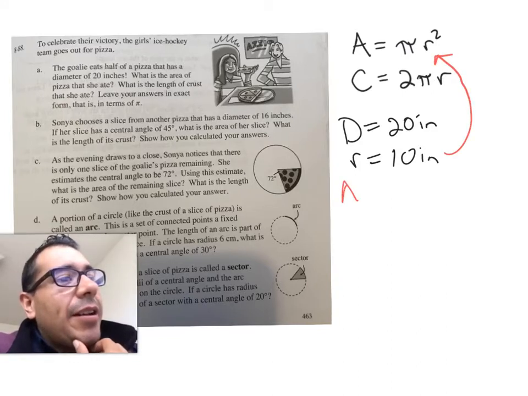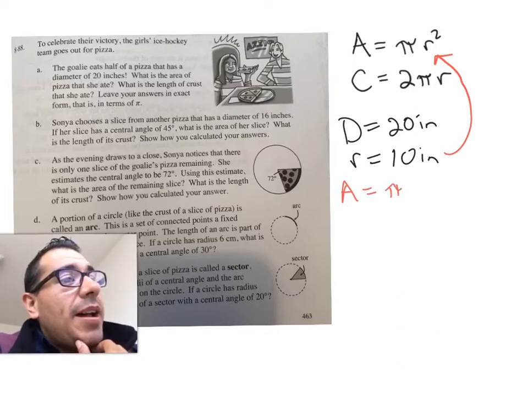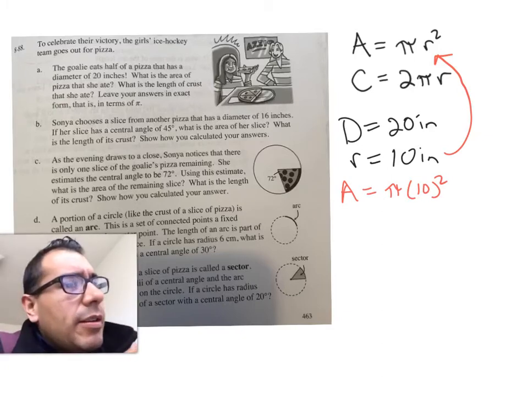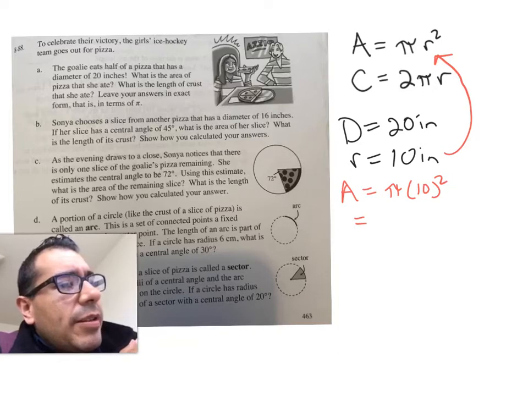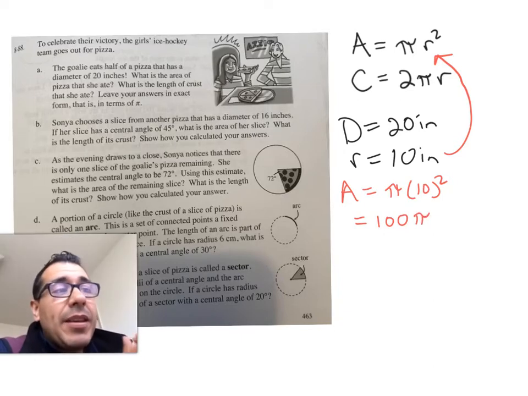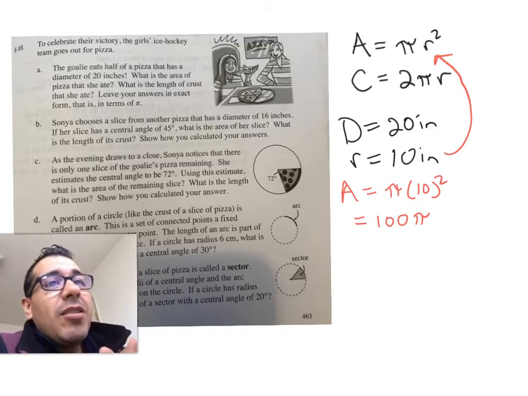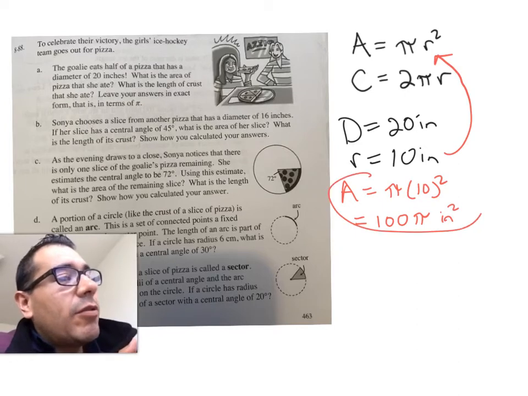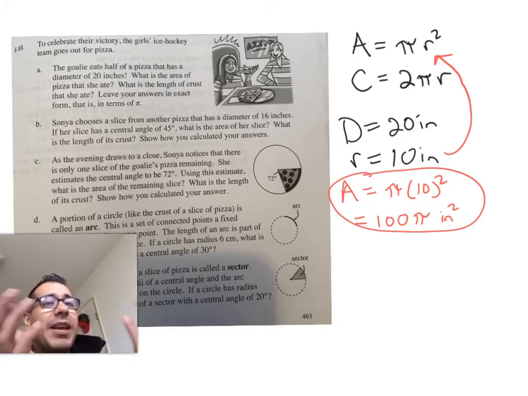So we got the area equals pi times 10 squared. We keep seeing these in my videos. What is going on? So 10 squared gives us 100, and we're going to leave it in terms of pi. We are talking about area, so make sure that you tell your audience what are the units. And we're talking about inches squared. So that's part A, folks. That's what they wanted to know, the area.